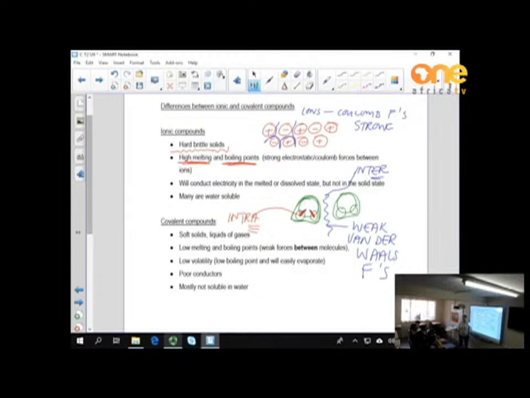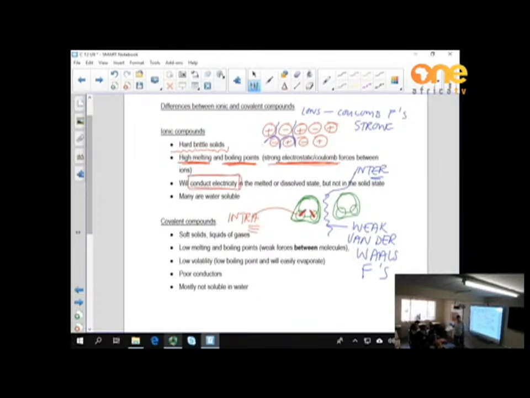People, they are really high, 900 degrees, 950, 2015 degrees. They have very high melting and boiling points. The reason being strong electrostatic or Coulomb forces between the particles. Ionic compounds can conduct electricity, but not in the solid state. Why?